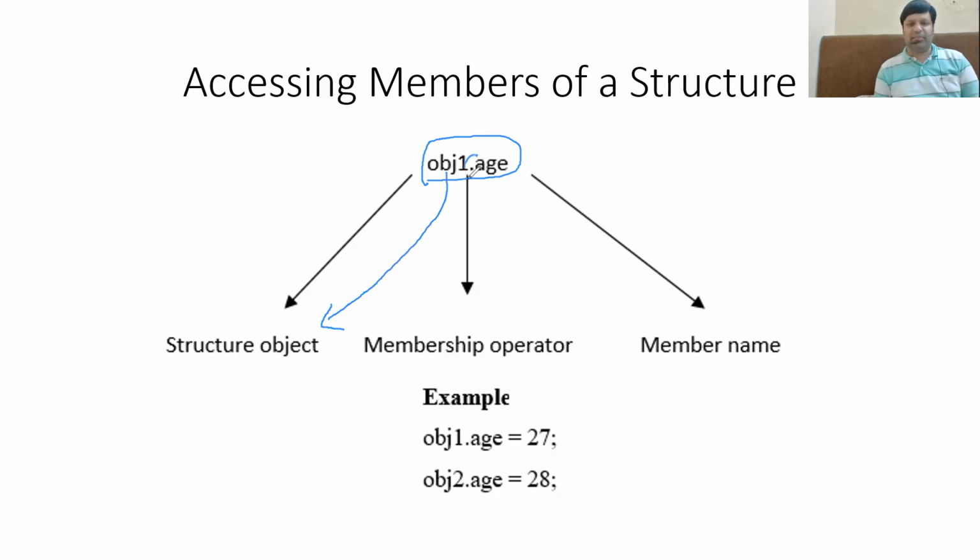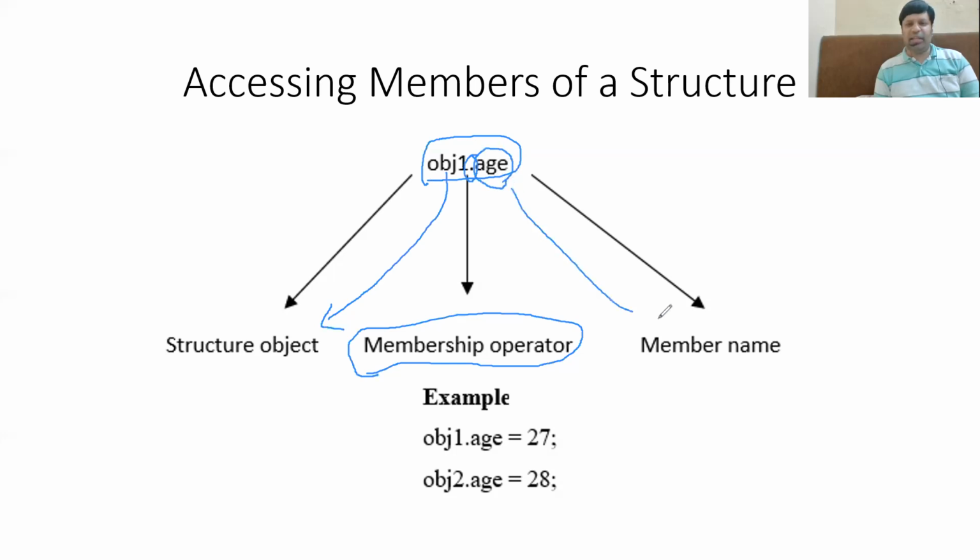The second is very important, which is this dot symbol. Now what is that dot symbol? This dot symbol indicates the membership operator. So that means I want to access a data member for the object 1. Which is the data member that I want to access? The name of that data element is age.